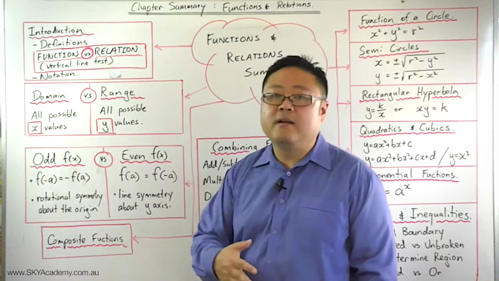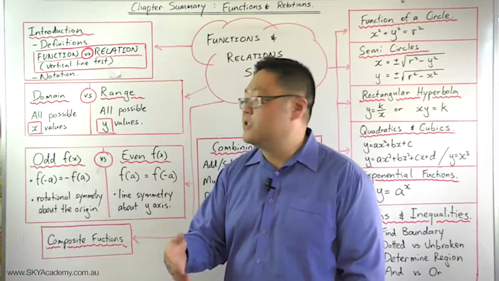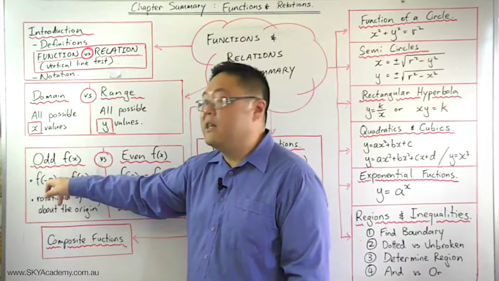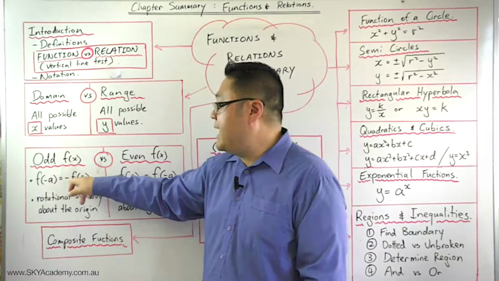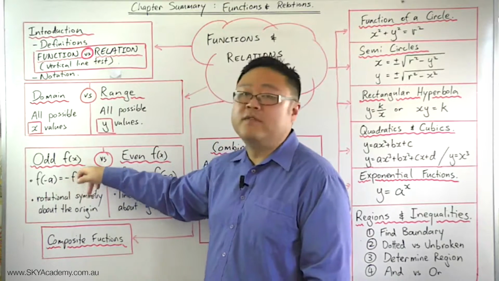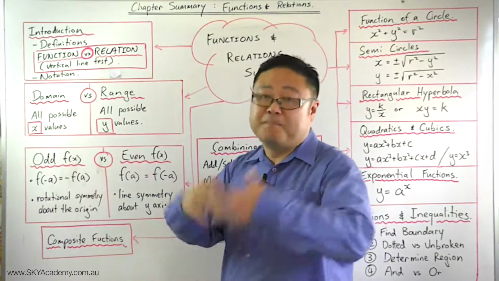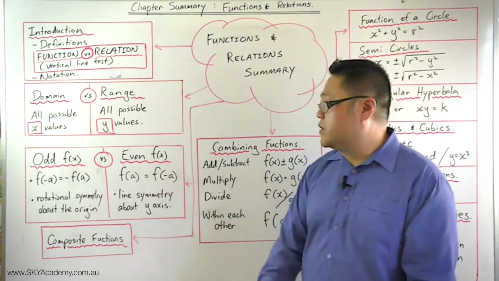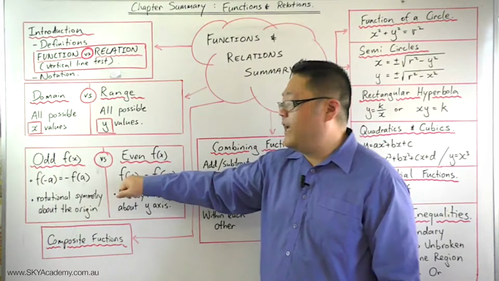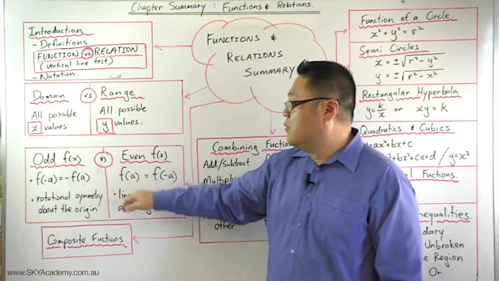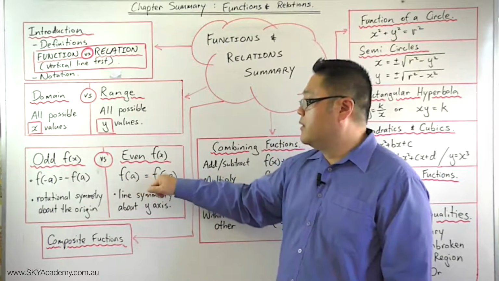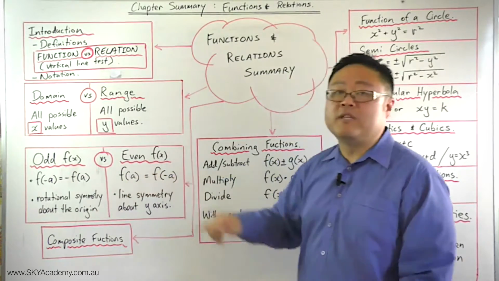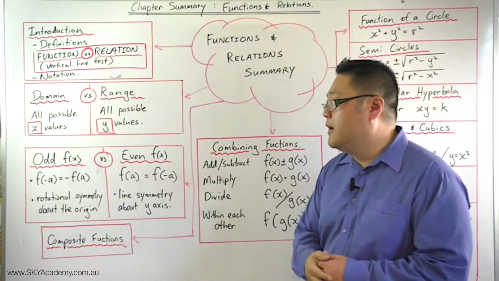In other words, the function of any element would be the negative of the function of its opposite. Whereas for an even function, the function of any element will be equal to the function of the opposite of that element. So f of a is equal to f of minus a.